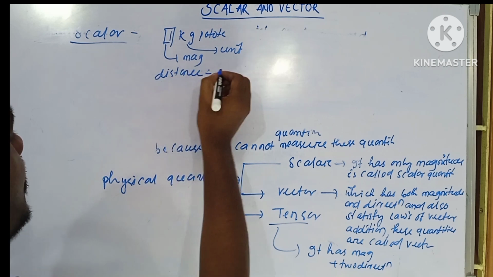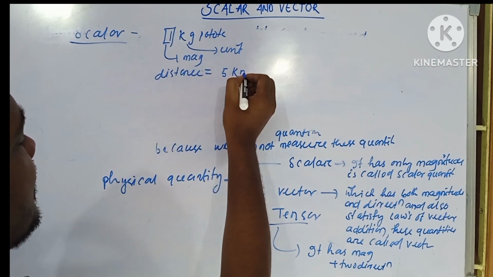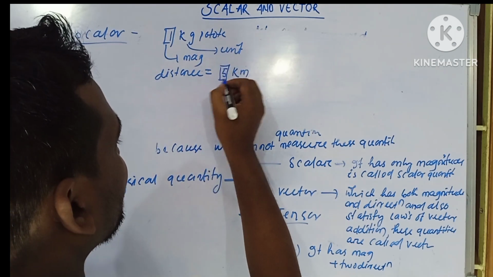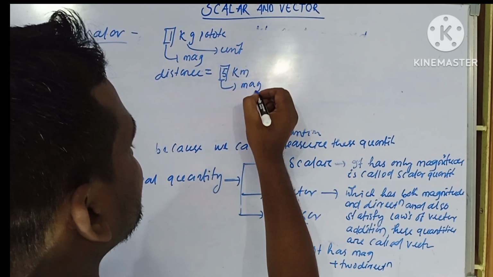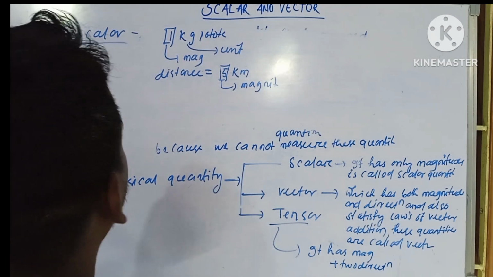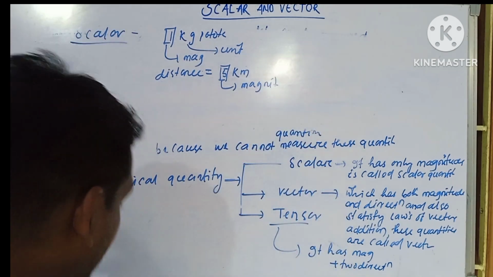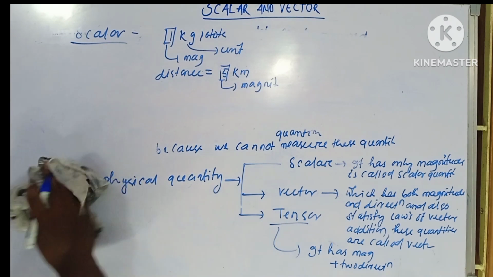Then distance: let us see distance equal to 5 kilometer. Here the 5 kilometer is the magnitude. This type of quantity is called a scalar quantity.